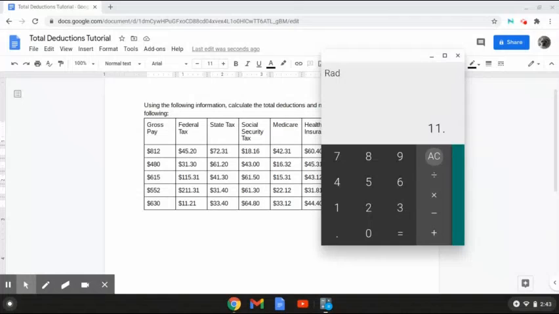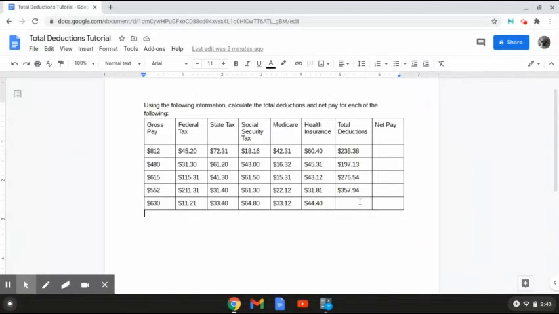So 1121 plus 3340 plus 6480 plus 3312 plus 4440. Alright, so that will give us our new total deduction amount of $186.93. And that is how to solve this problem.